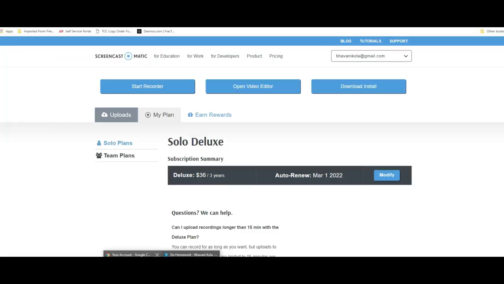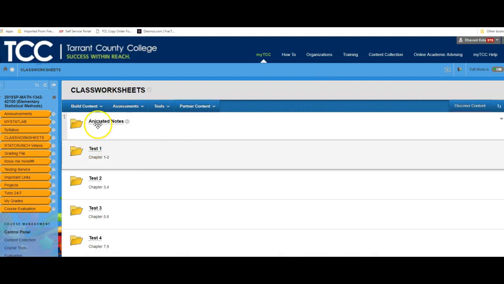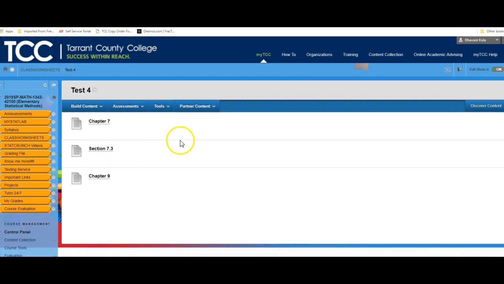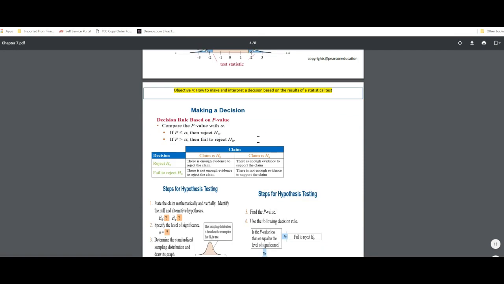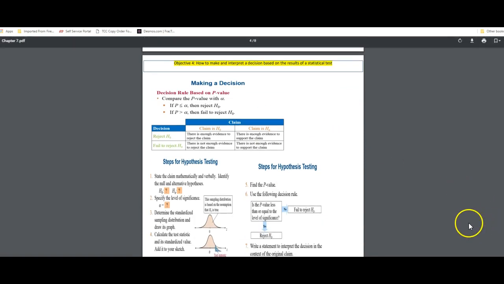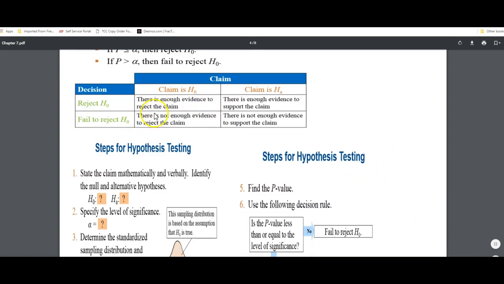For this, I will have to go ahead and open up my notes and I'll have to scroll down all the way to making a decision. So let me go ahead and maximize this one for y'all. And I'm going to have this available while I do this. So let me go ahead and take a look at my assignment screen.